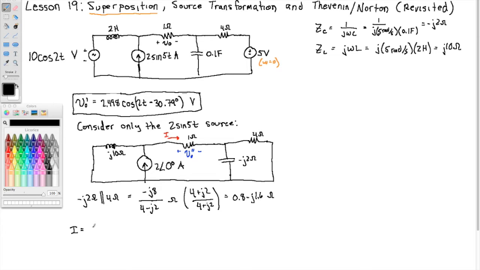So we're going to take the current source, 2 angle 0 degrees amps, times the impedance of the branch whose current you do not want, so that's j10 ohms, divided by j10 ohms plus, well, we've got the 1 ohm, and we've got this equivalent as well, 0.8 minus j1.6 ohms.